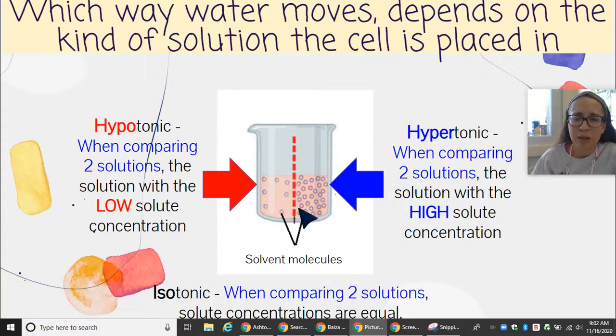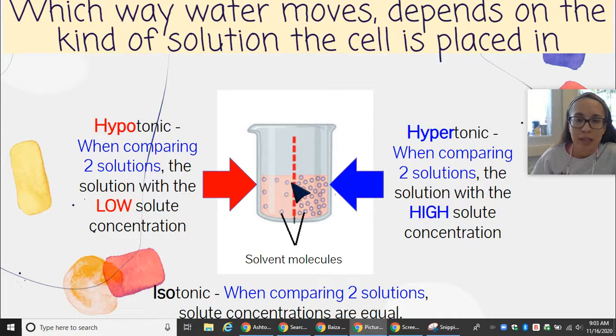So if I asked you to compare these two, in a description you'd probably say something like, there's less sugar molecules on the left side compared to the right side. On the right side, there's more sugar molecules compared to the left side, right? Simple. What I'm saying now is that instead of using less and more in that simple description, we need to know how to use the words hypotonic and hypertonic.